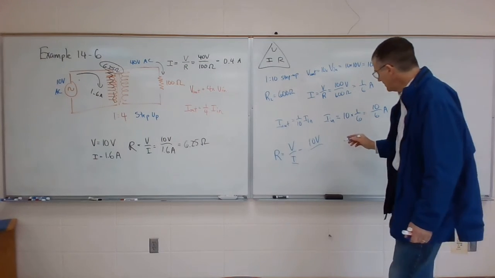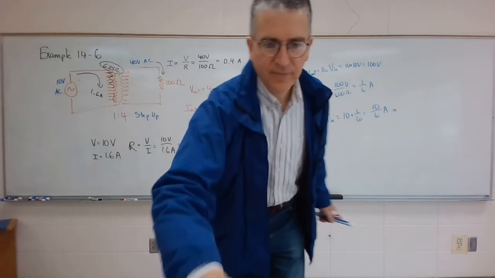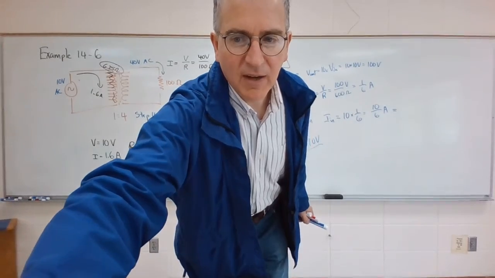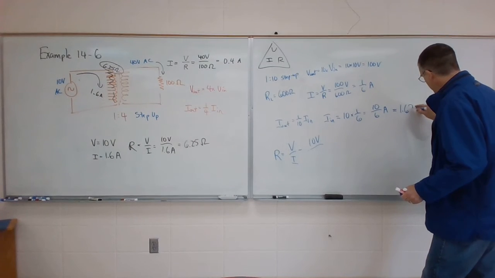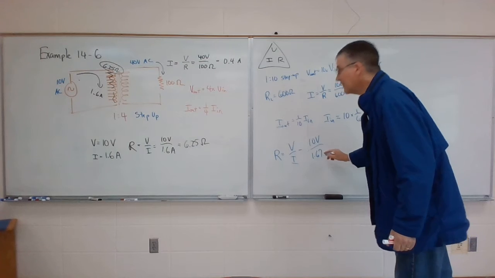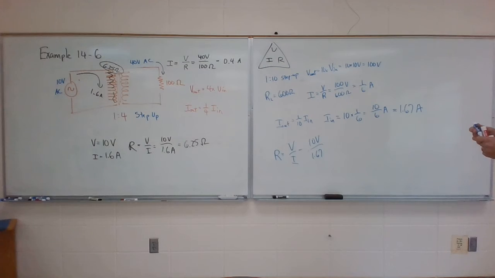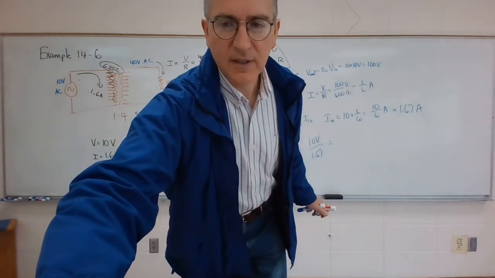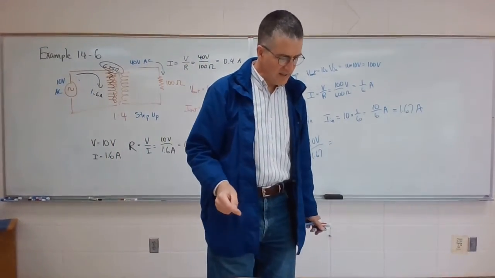So then I have 10 volts, and let's just do that on a calculator. 10 divided by 6 is 1.66. And then I have 10 volts over 1.67. I know I'm still screwing something up, I think. 10 divided by 1.67, yeah, that's back to like 6.